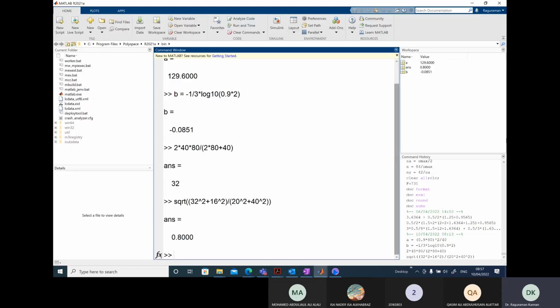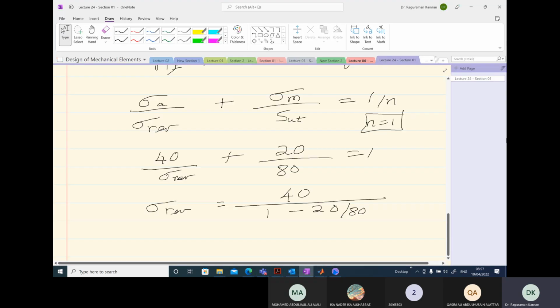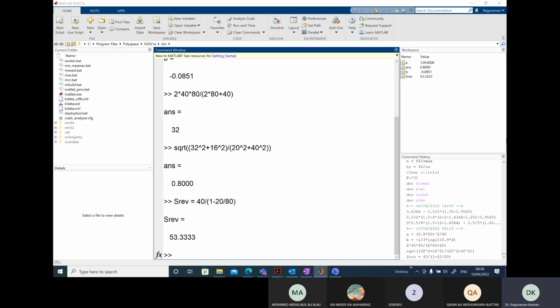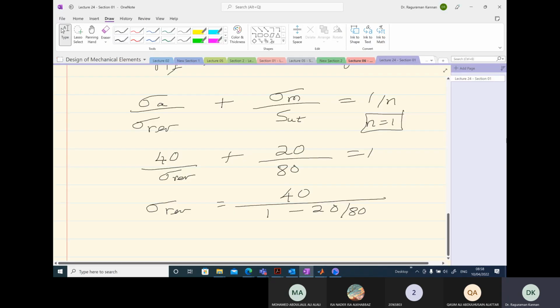Let's go to MATLAB, calculate this. I'm going to put S reversible variable is 40 over, bracket open, 1 minus 20 over 80. You get 53.33.